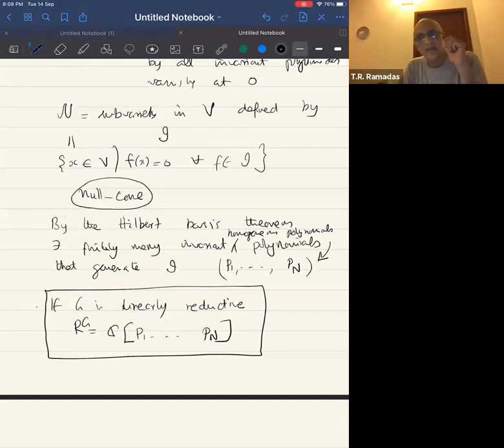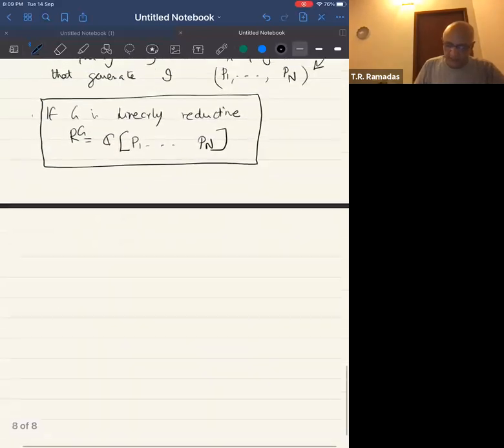In other words, every invariant polynomial function on the vector space is some polynomial expression in capital N variables, where you plug in for each of the variables the corresponding Pi. Let me spell this out.